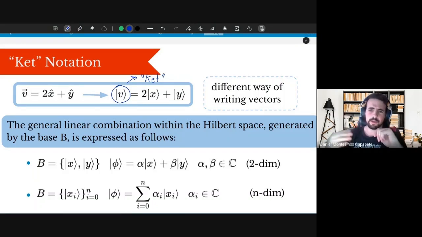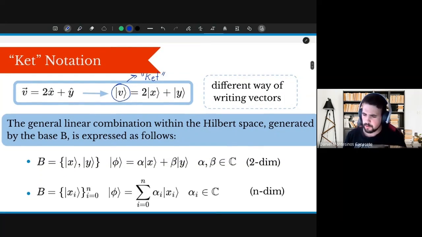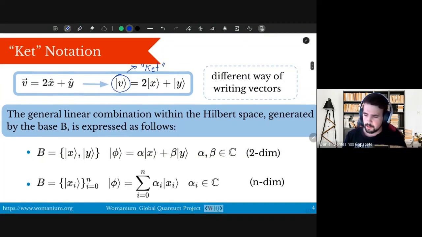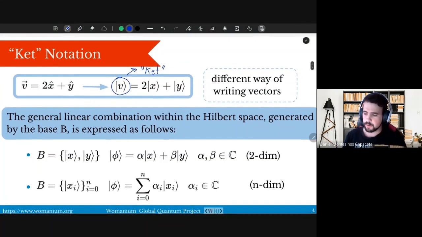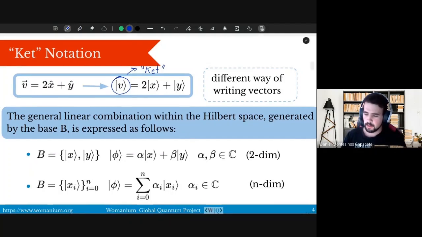We will understand the bracket idea better in a few minutes, but this will come later. So, for example, you could take a general linear combination in whatever Hilbert space, because we are always going to be working with Hilbert spaces from now on.